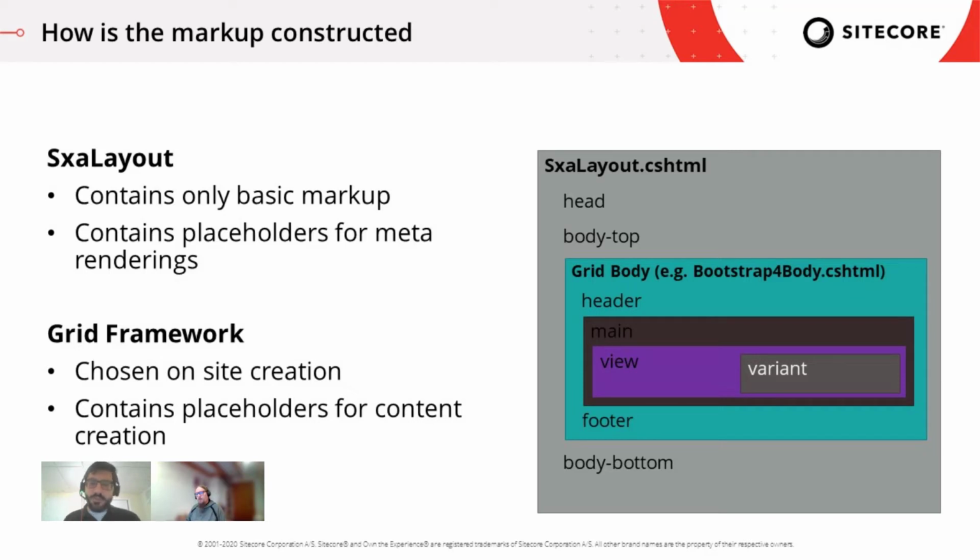All the meat of what I want to render and control comes from the view for each rendering variant that I'm rendering to actually put content and navigation on the page. So seldom, if ever, are we editing anything that comes from these files. It is strongly recommended to try to leave these files vanilla if you can, because you can usually accomplish all your goals without having to directly edit anything in them.